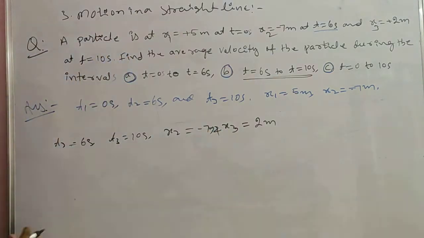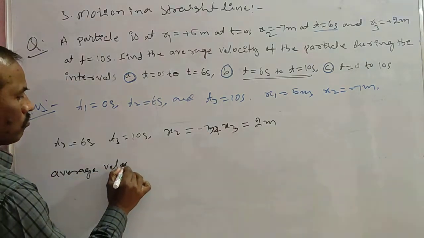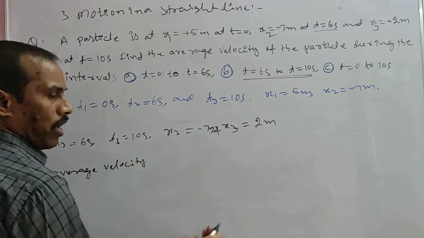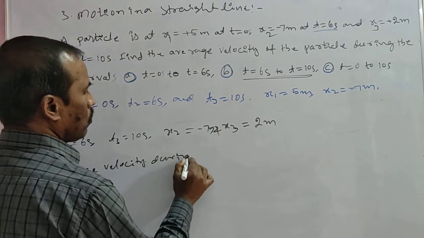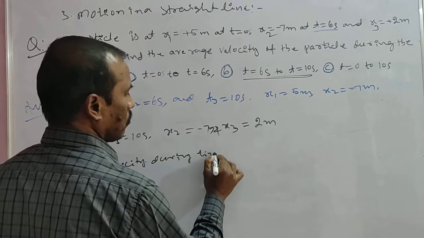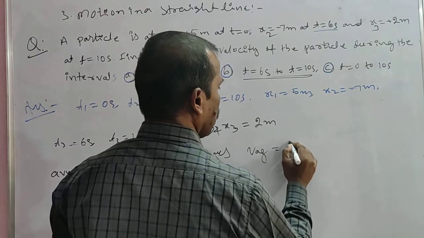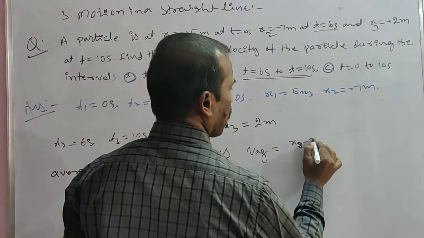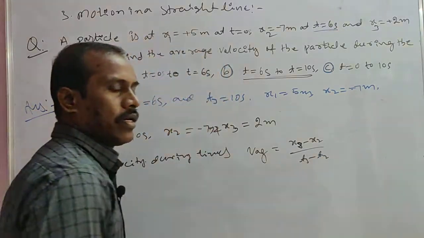So the average velocity during these times is equal to x3 minus x2 by t3 minus t2.